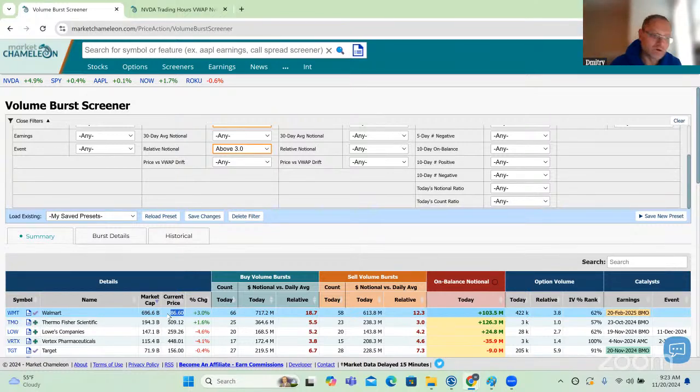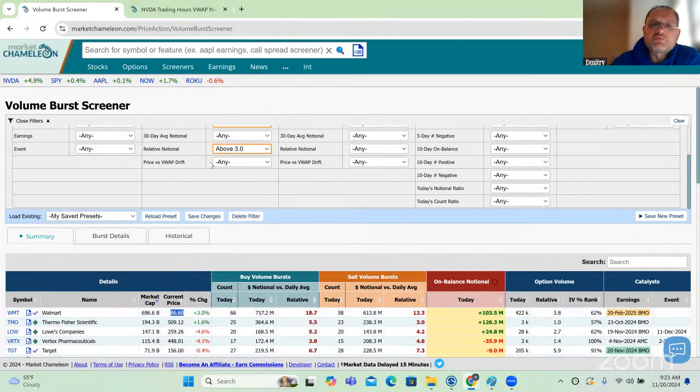Because if you take liquidity on a buy burst and then the stock moves lower, that could just indicate somebody got cleaned up, he's done, and then the stock just drifted lower. But here we're trying to see if the taking of liquidity and the stock is drifting higher.